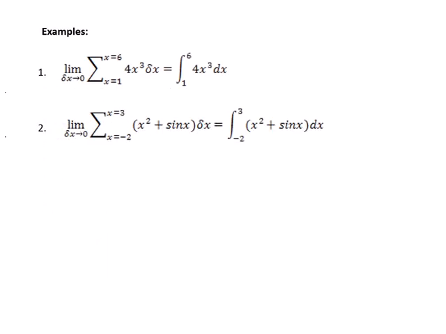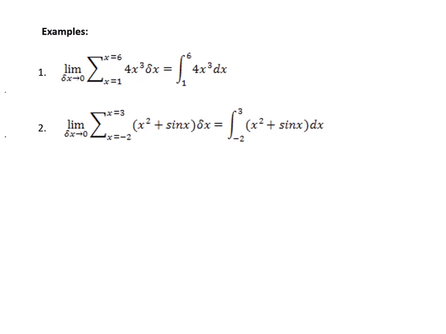Let's move on. Here we have the practical example of what we are talking about. Number one, we have the summation, where we have the limit as delta s tends to 0, summation s equal to 1 to 6, that is, the limit is from 1 to 6, and the function given is 4s raised to power 3 ds.